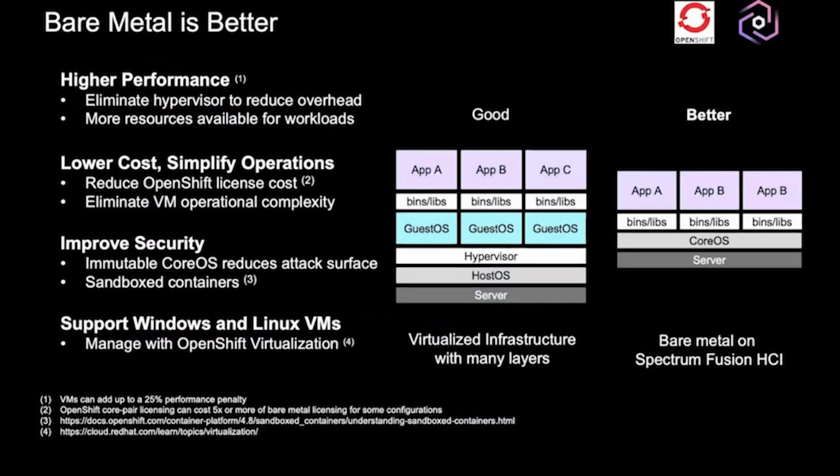OpenShift licensing can be as much as 5 times less expensive when installing directly onto bare metal. And having the immutable CoreOS operating system as the only OS on the servers reduces the attack surfaces and improves security. OpenShift sandboxed containers support provides users with built-in support for running Kata containers as an additional optional runtime.